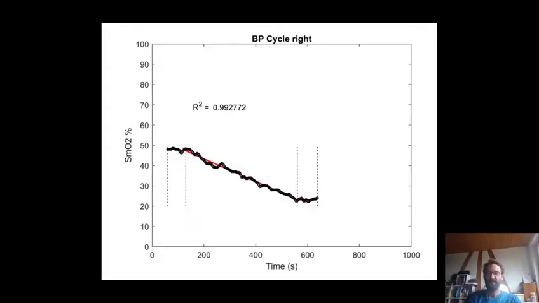The fact is that if you do occlusions, all of these individuals can get down to 10%. So the ones that you see in these examples, even if they have a plateau at 20%, can actually get lower than that if you do an occlusion. Which is interesting. So obviously, once they have a high oxygen supply driving into the muscle, they can't extract in a relative sense down as far.